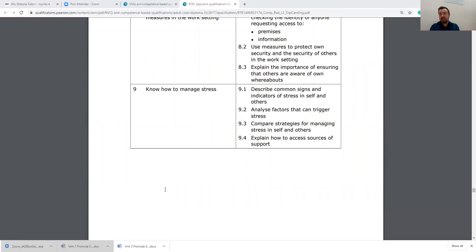Finally, number 9 is about managing stress. So it's important that you're able to identify when you're stressed, because you work with vulnerable people and you also become vulnerable. So it's important that you are able to identify common signs. It might be the fact that you're tired and fatigued. It might be that you're becoming more angry, short-tempered.